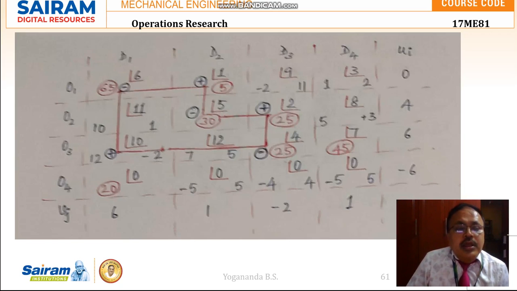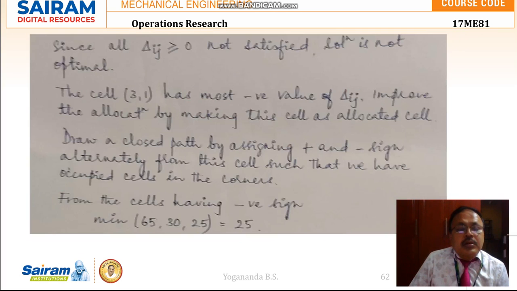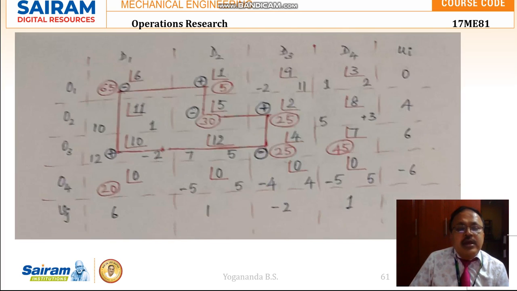So we are drawing the loop here. The delta value is negative in only one cell, that is minus 2 in the empty cell. Draw a closed path by assigning plus and minus signs alternately from this cell, such that we have occupied cells in the corners. So we start from here.